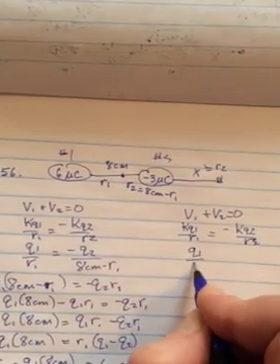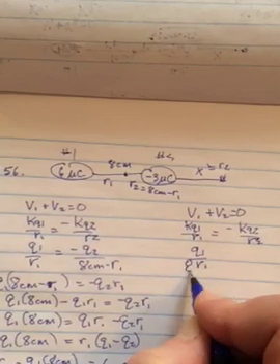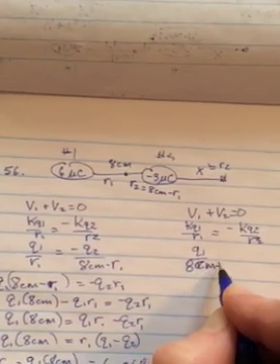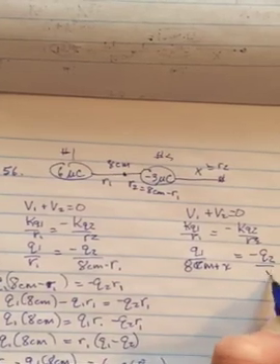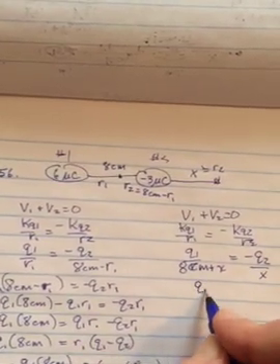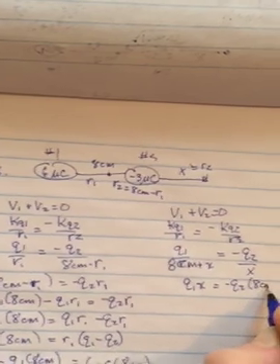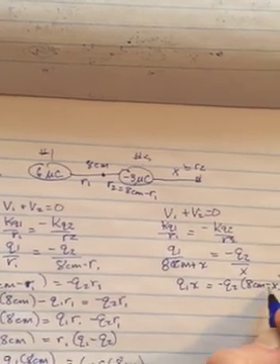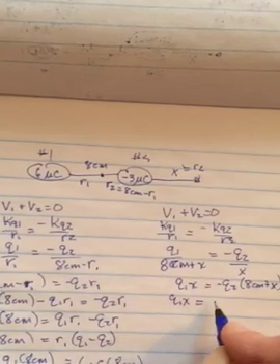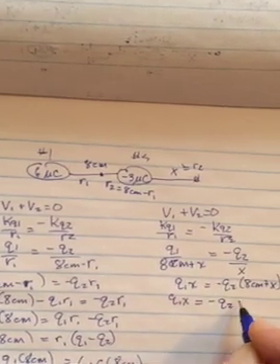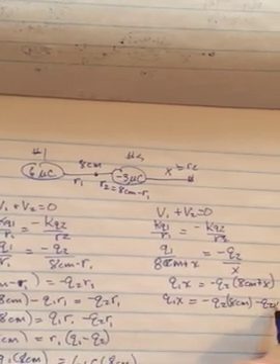It becomes Q1 over R1, Q1 over 8 centimeters plus x will equal negative Q2 over x. Cross multiply. Q1x is equal to negative Q2 times 8 centimeters plus x. Multiply through. Q1x is equal to negative Q2 times 8 centimeters minus Q2 times x.